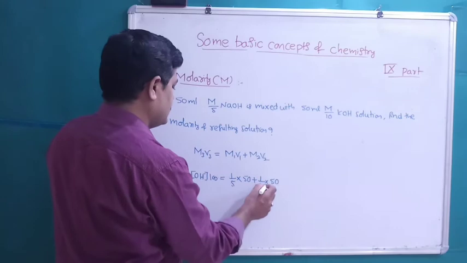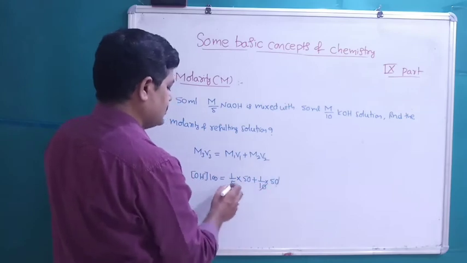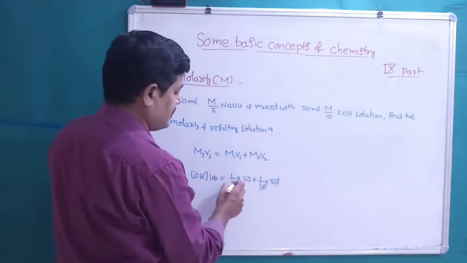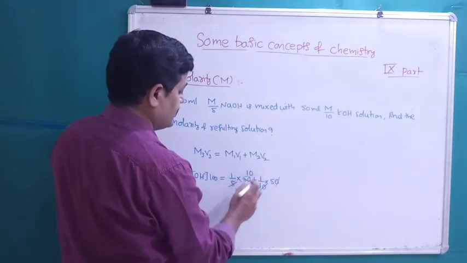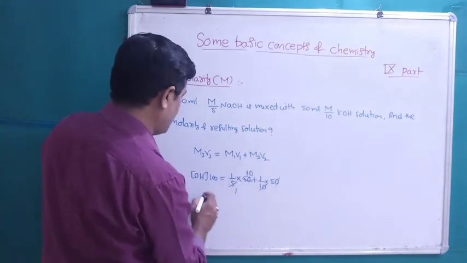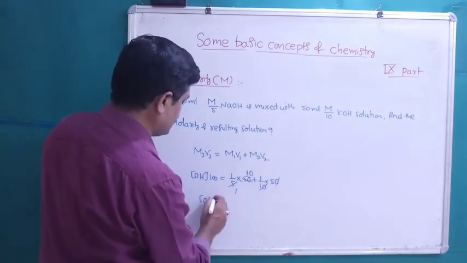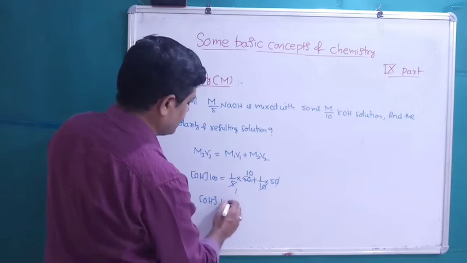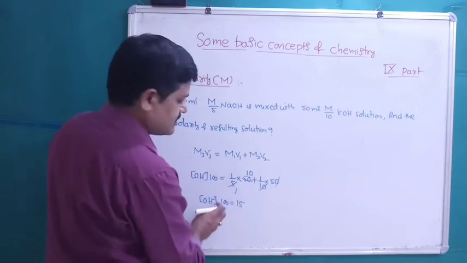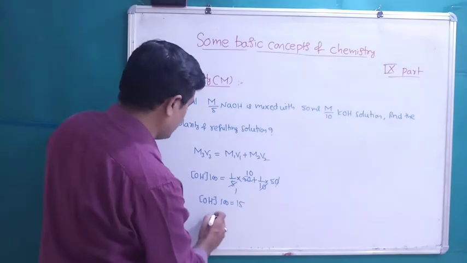So here this 0 will get cancelled. 50 divided by 5 is 10. Okay, so 10 plus 5 is 15 we are getting. OH minus into 100 is equal to 15. Let us transfer 100 to the other side of the equation.